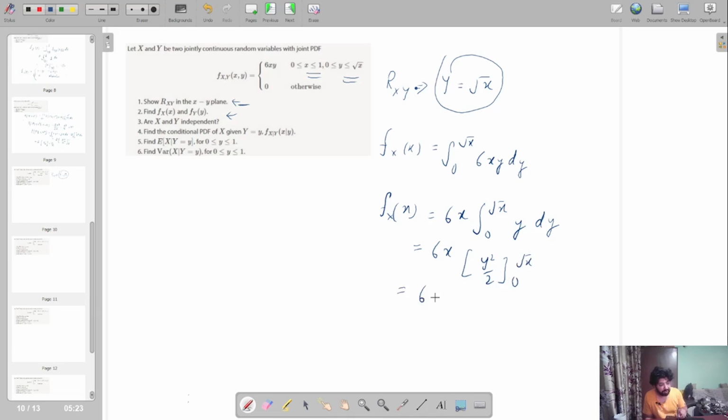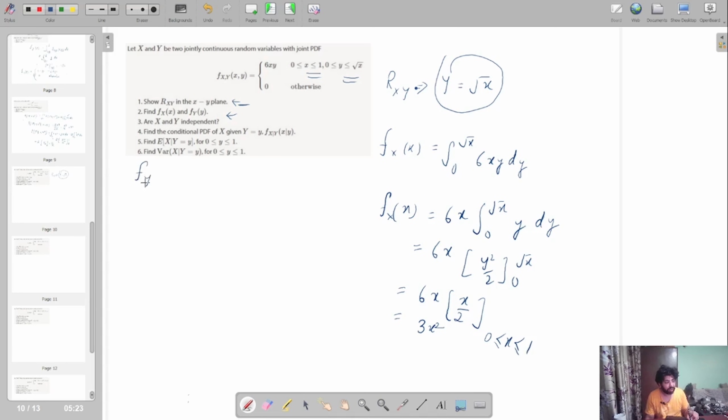So we will have 6x by 2, and here we will have x. So we can write this as 3x square. So I can say this will be the marginal PDF of x for range 0 less than x less than 1.